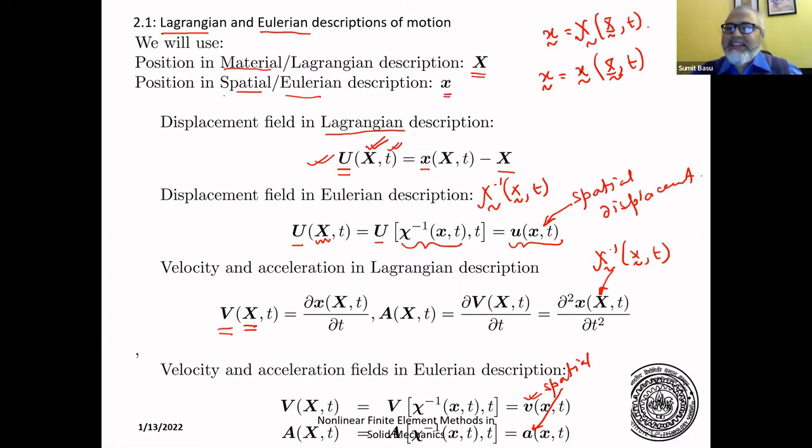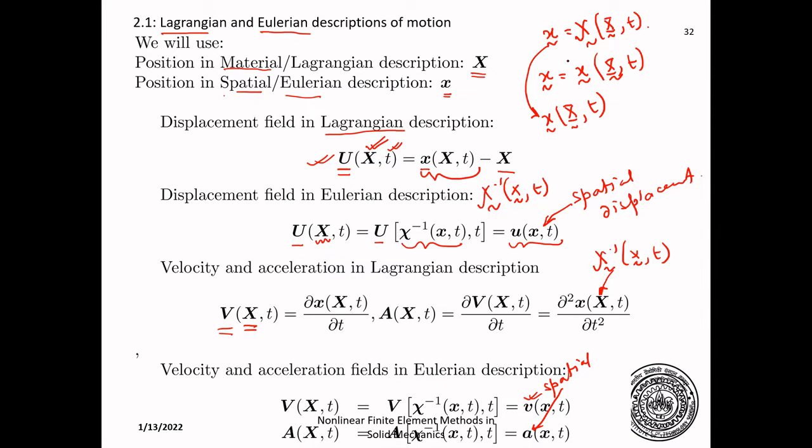So it's the same thing. It's just a way of writing. So I am writing this directly. So this x will be a function of capital X and t, right? So most of the time I'll not write this chi. I'll just write x as a function of capital X and t, which means the same thing. This is the motion. It means the same thing.